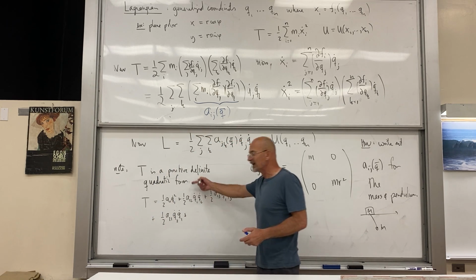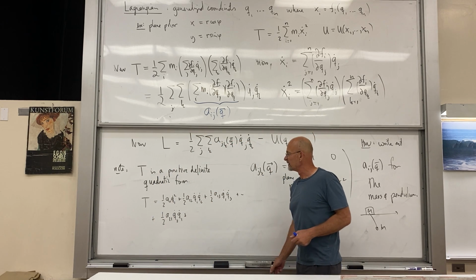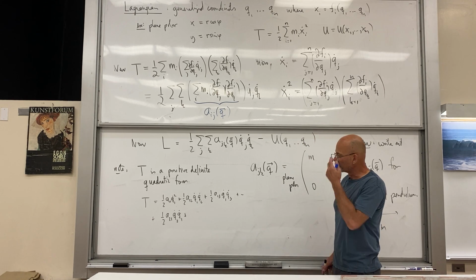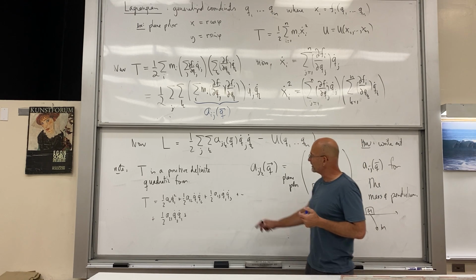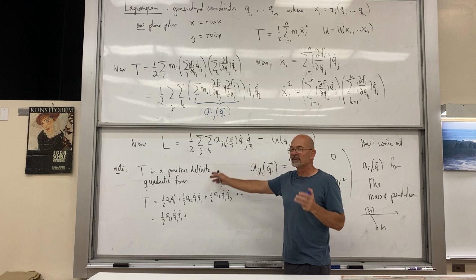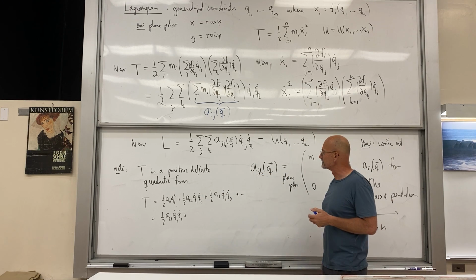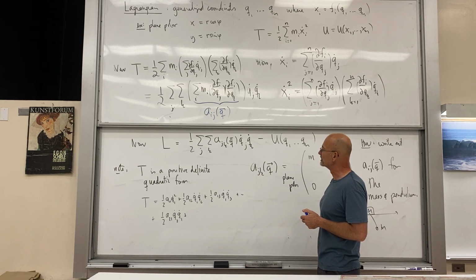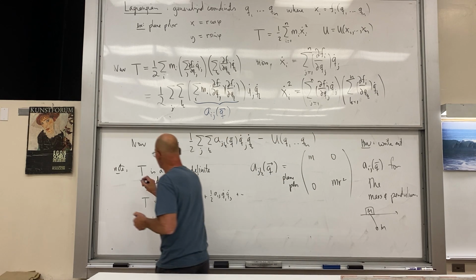It's just bookkeeping. So that's the first thing, definite quadratic form. You can think of this A sub jk as a positive definite matrix, if you want to. So that's the first point to be made.